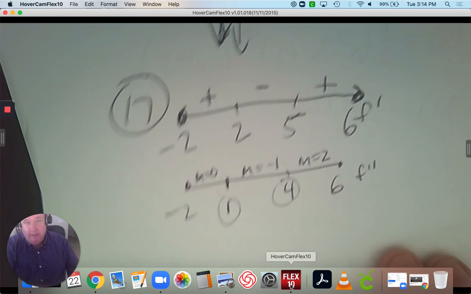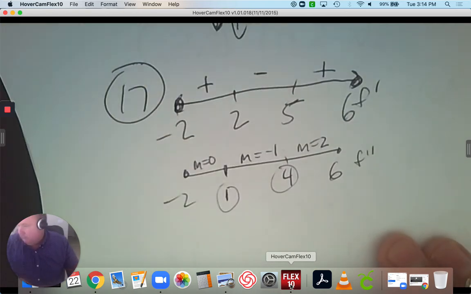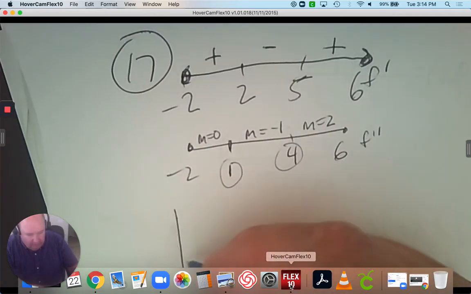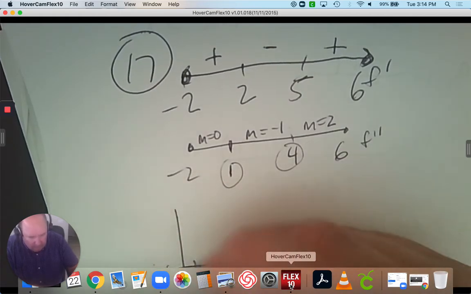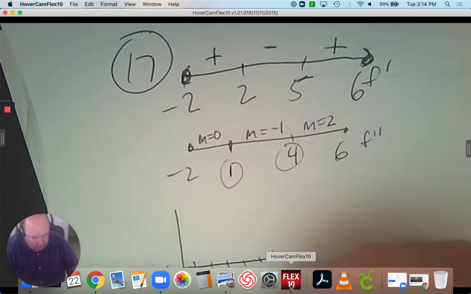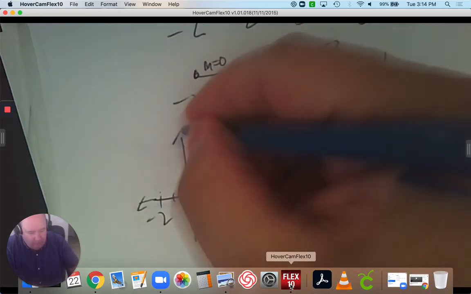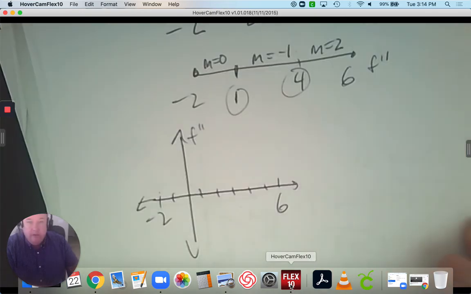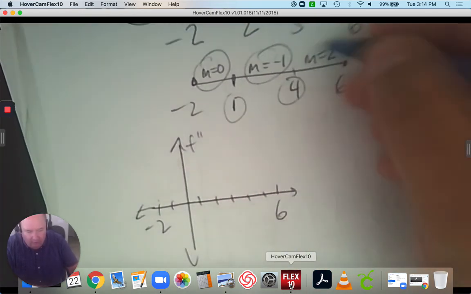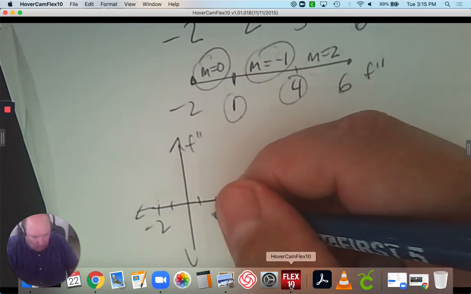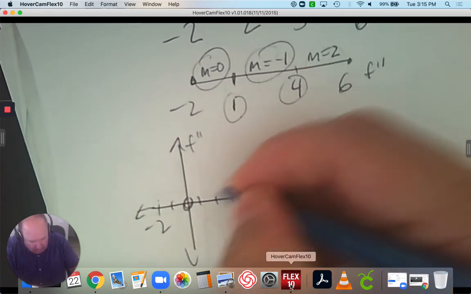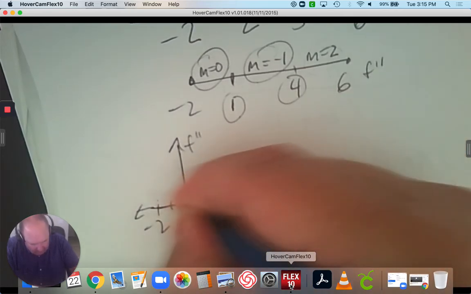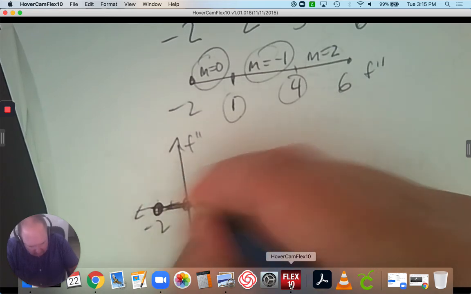All right, so this is what I have so far. So I have my roadmap to my graphs. So it matters which one we want to graph first. So this is going to go from -2 to 6. Why don't we start with the second derivative? So this is the roadmap. These are all horizontal lines. And at 1 will be a hole. From -2 to 1 is a horizontal line at 0.